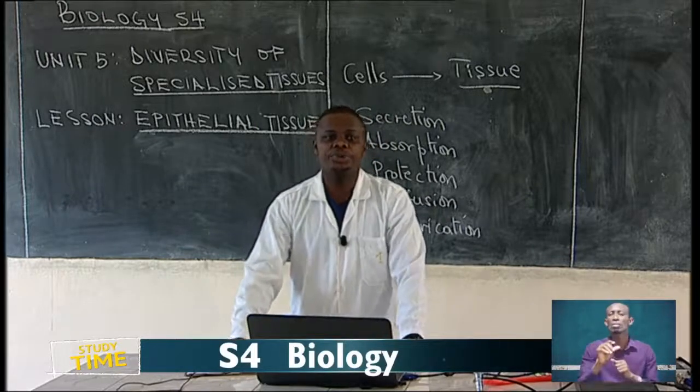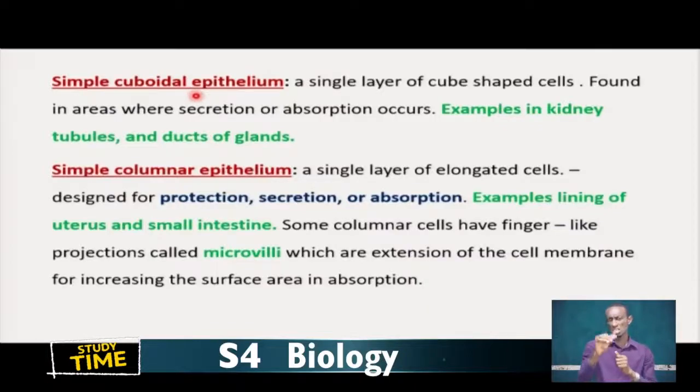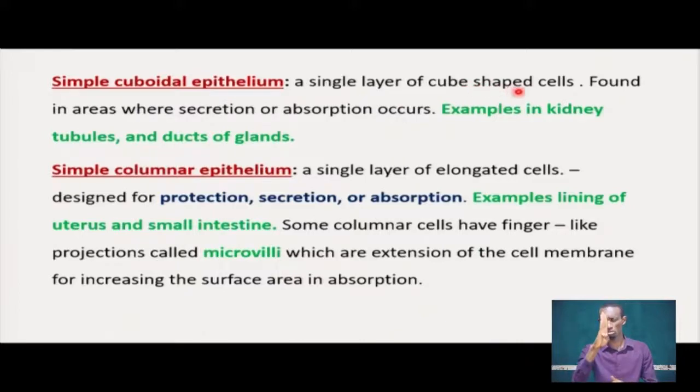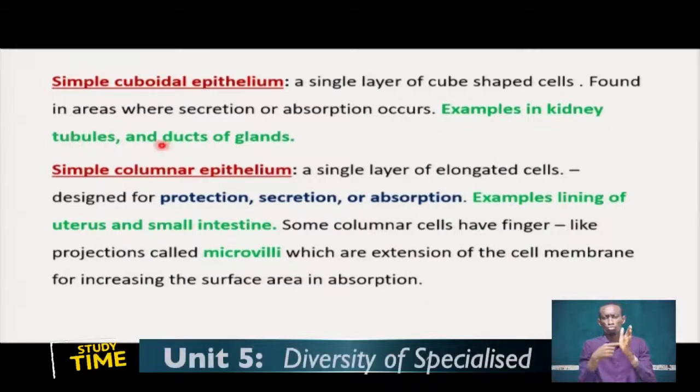Then let's continue. We have what we call simple cuboidal epithelium. Simple, that means single layer of cube-shaped cells because they are cuboidal. These are found in areas of secretion and absorption. Simple cuboidal epithelium is found in kidney tubules and duct glands.